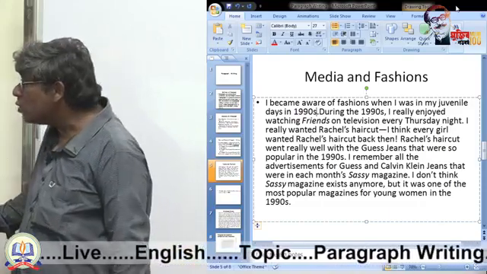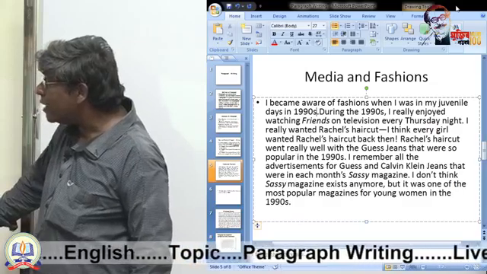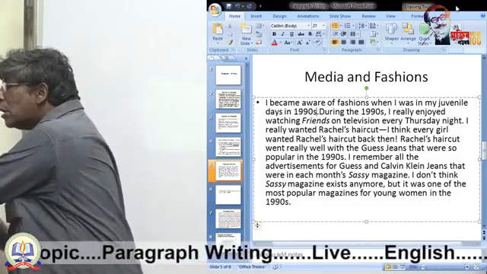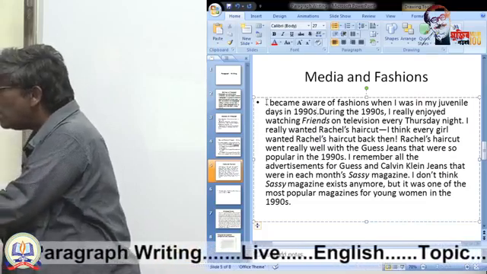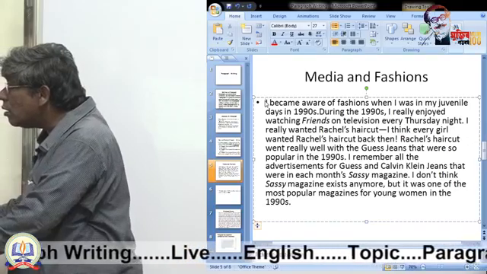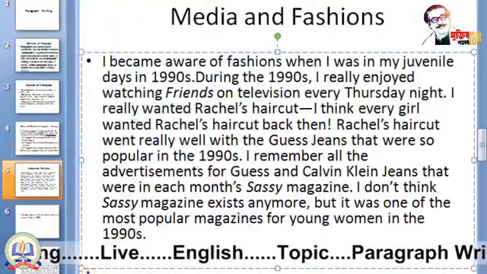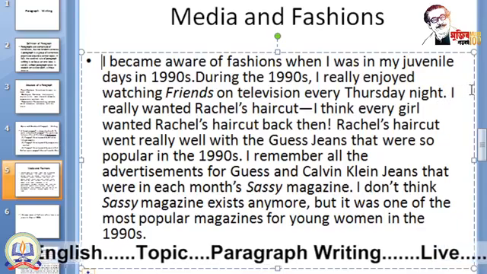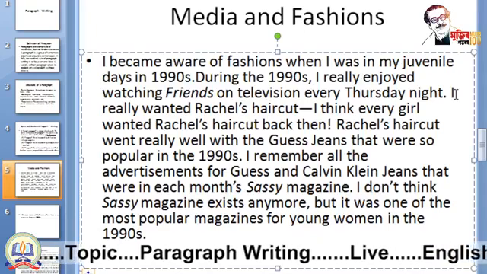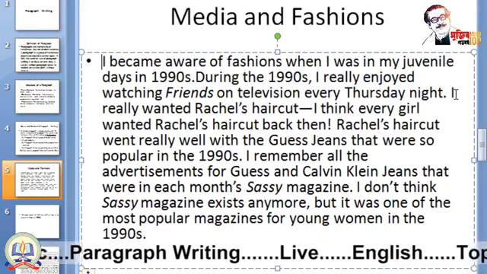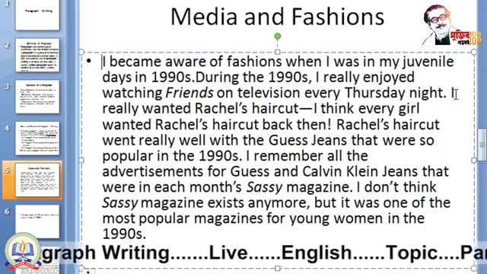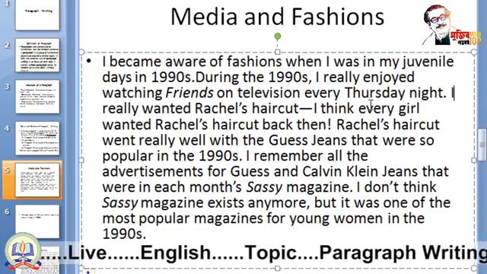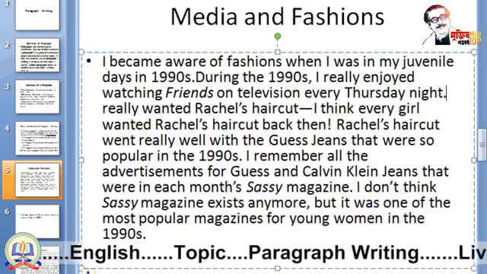So, if we go for finding the parts in this paragraph, we will see that this is the topic sentence, or the introductory sentences.